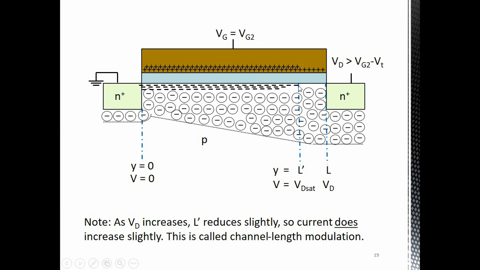If VD is 1 volt, the entire additional 0.5 volts will fall across the pinched off region. So if we make VD go from 1 to 1.5, the pinched off region will have 0.5 to 1.5, so 1 volt across it. This voltage will remain 0 and 0.5. Alright, so any additional drain voltage falls across the depletion region.